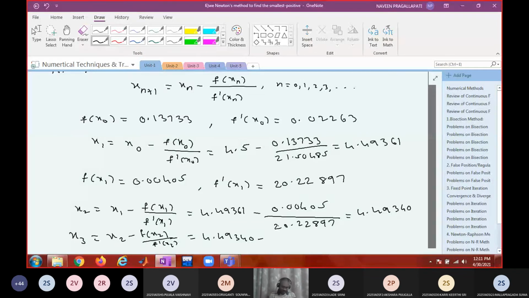So what is that value? That is minus 0.00019.